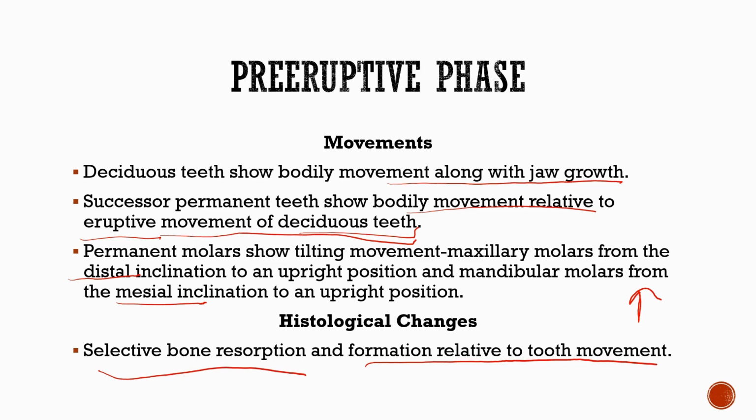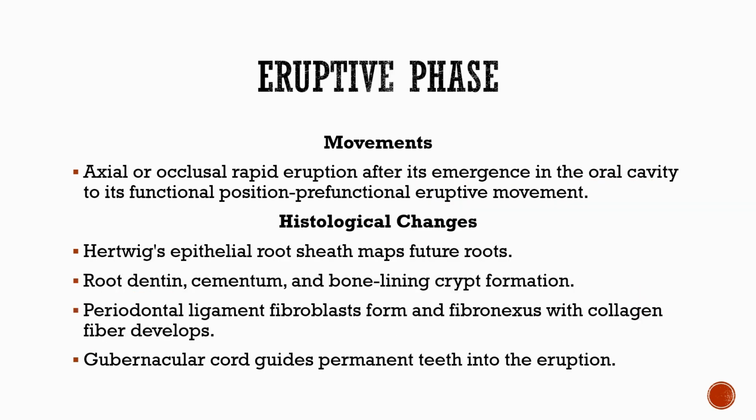Okay. In the eruptive phase, there is axial or occlusal rapid eruption after its emergence in the oral cavity to its functional position, the pre-functional eruptive movement. So what is that? Axial or occlusal rapid eruption, that is, after its emergence in the oral cavity.